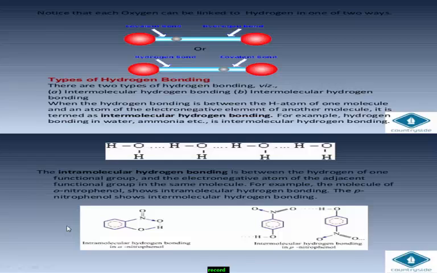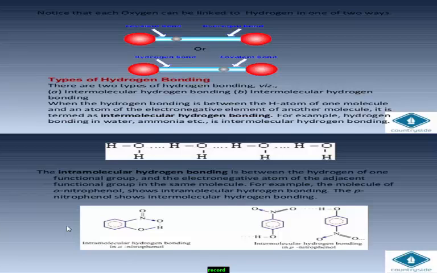There are two types of hydrogen bonding, students. One is intermolecular hydrogen bond and another is intramolecular hydrogen bond. First I take intermolecular hydrogen bonding.